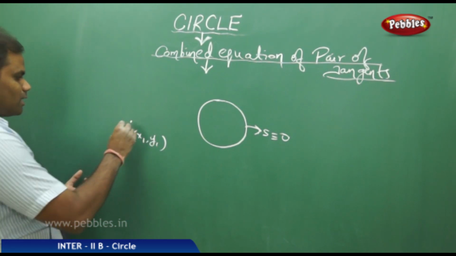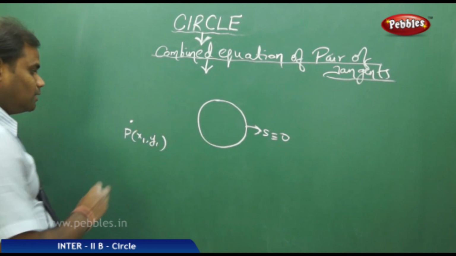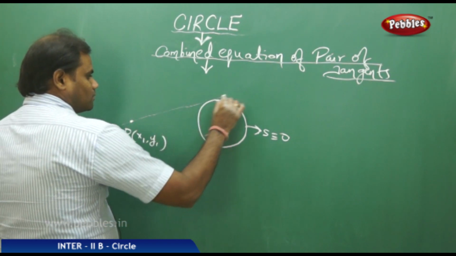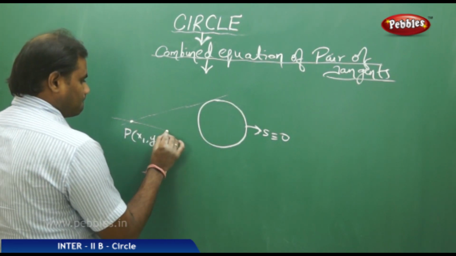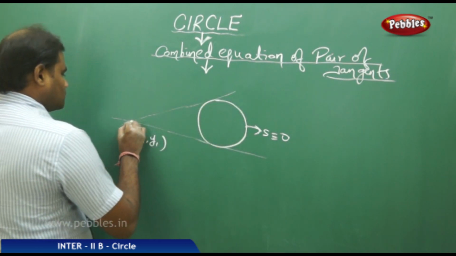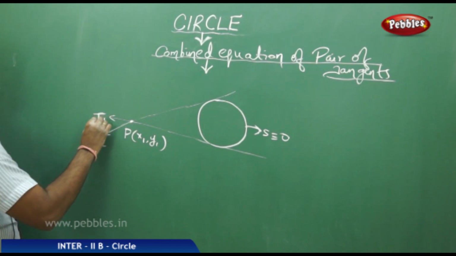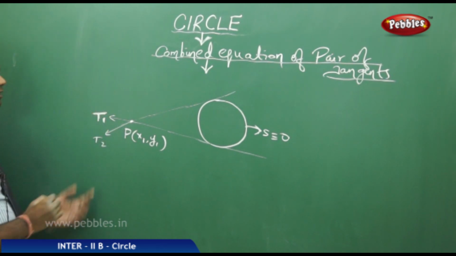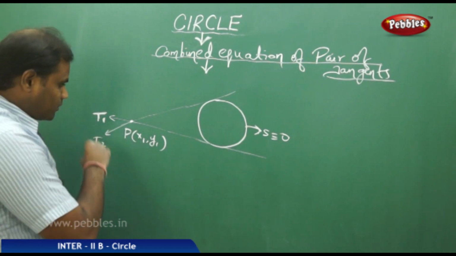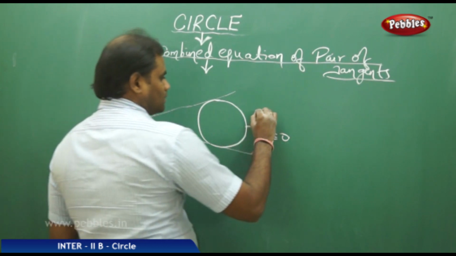So for a point P outside the circle, we know that there are two tangents which can be drawn to the circle. So we have a pair of tangents, T1 and T2, which can be drawn from the external point.